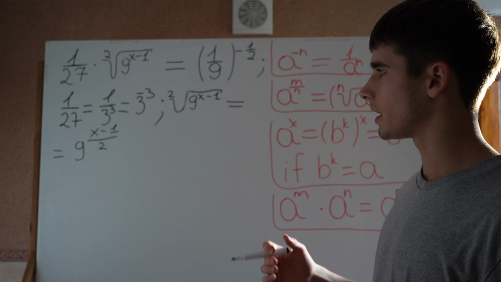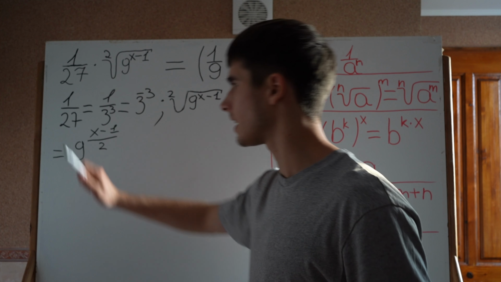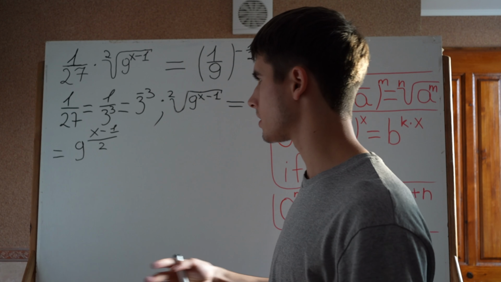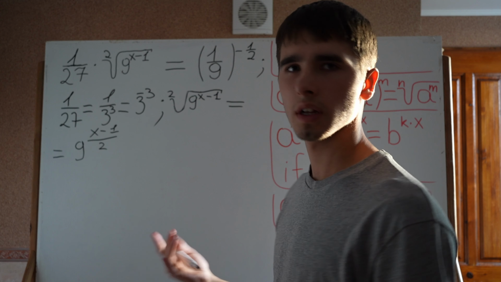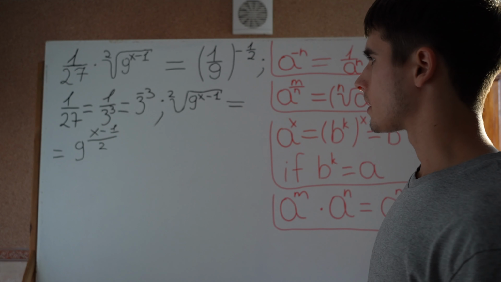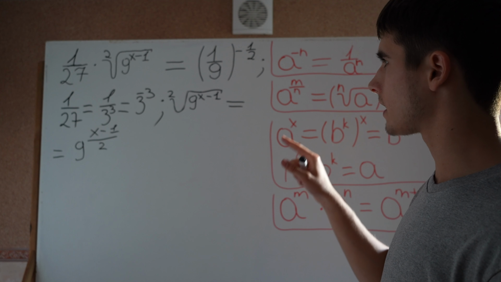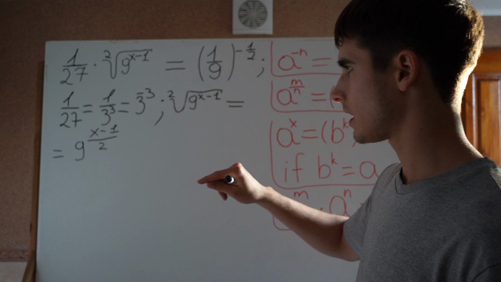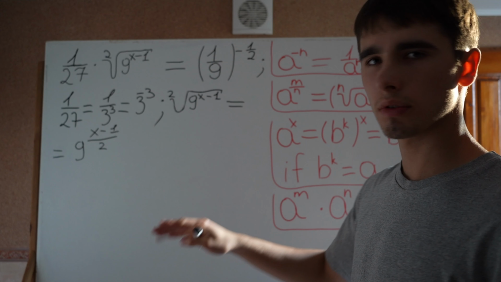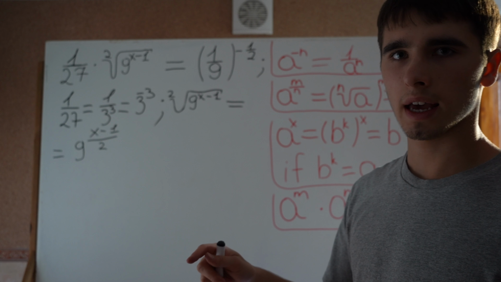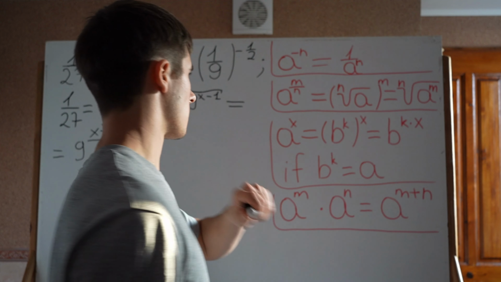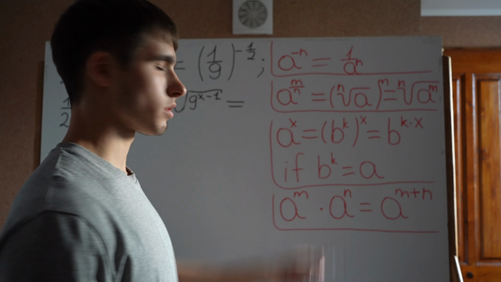So what do I mean? I mean that we still have this 9, and maybe we can make this exponent look more fun. I mean that we can represent 9 as 3 raised to the second power, and this formula tells us about such cases.